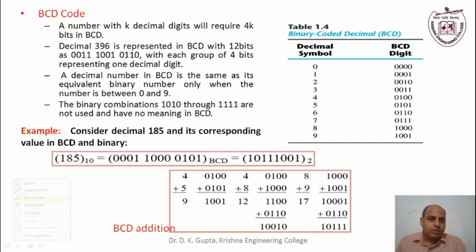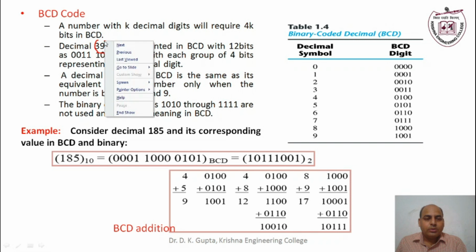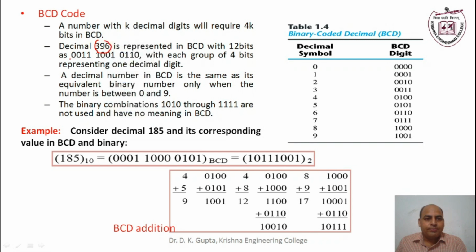So this 396 we can write as 0011 for 3, 1001 for 9, and 0110 for 6. Here we have a group of 12 bits to represent 396 written in decimal.